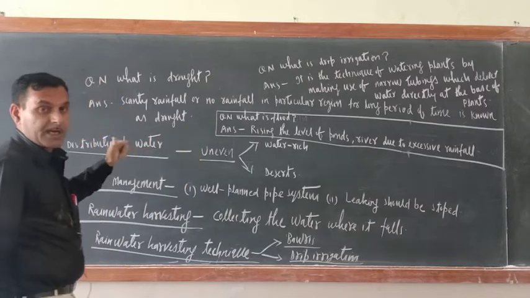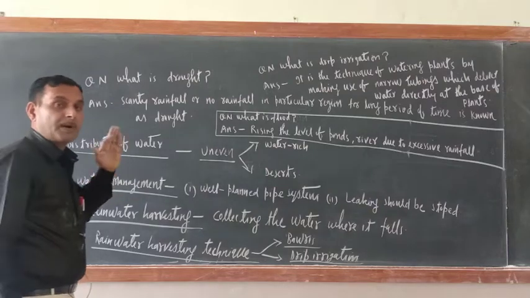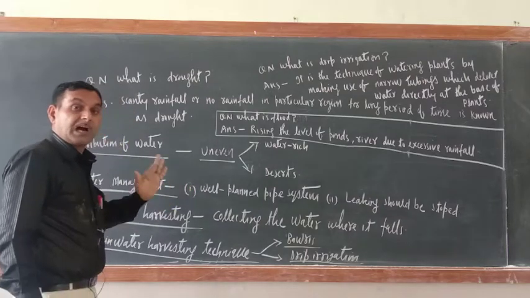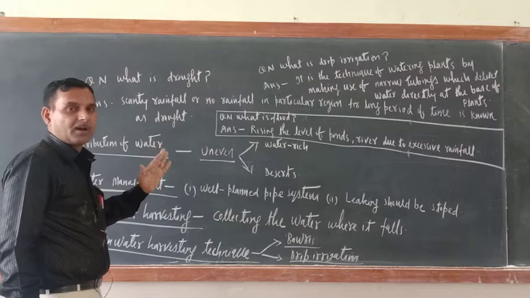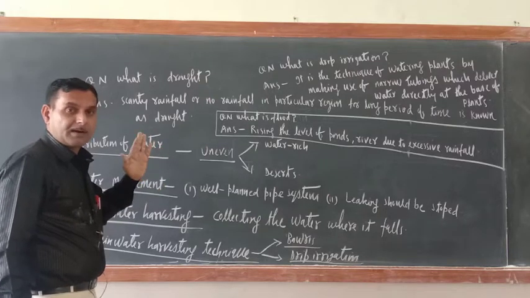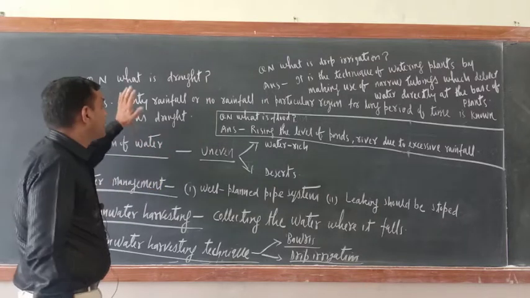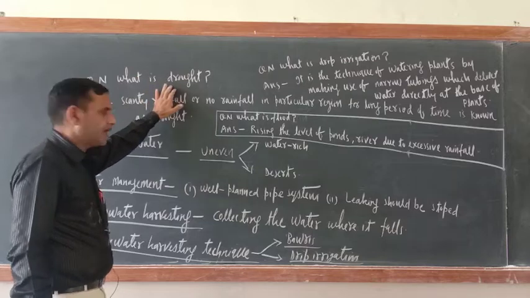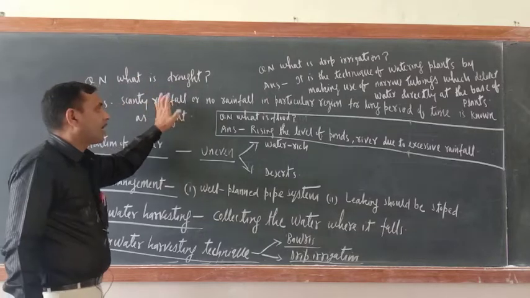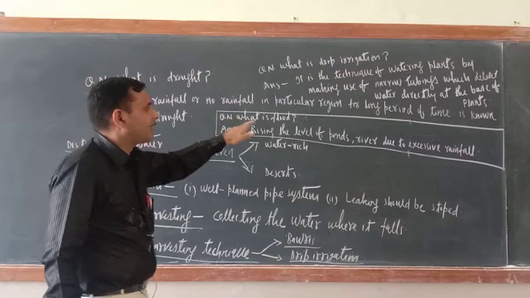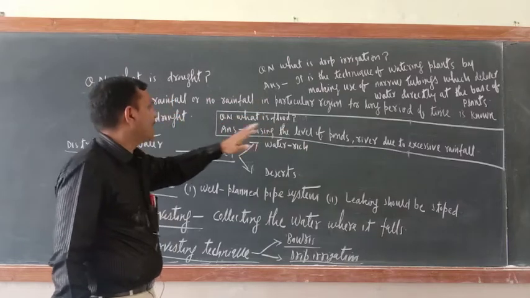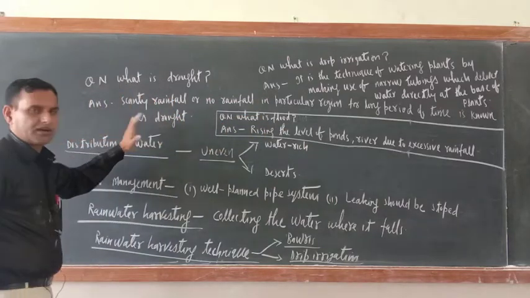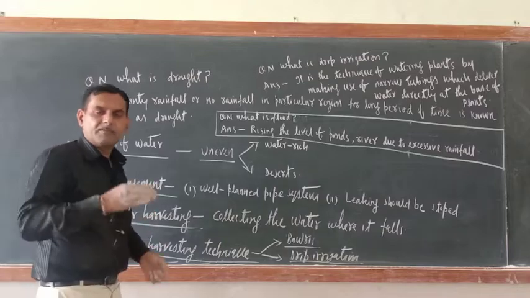So the state in which a particular region will not have sufficient rainfall for a long period of time is known as drought. Scanty rainfall or no rainfall in a particular region for a long period of time is known as drought.